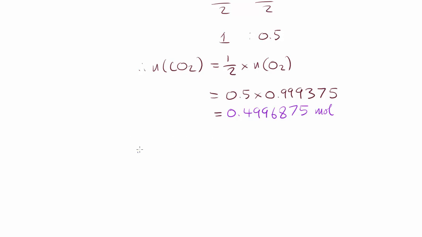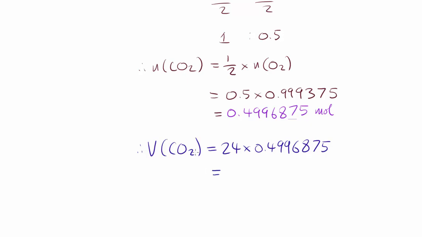So we're going to say, therefore, the volume of carbon dioxide, CO2, is equal to 24 multiplied by 0.4996875.